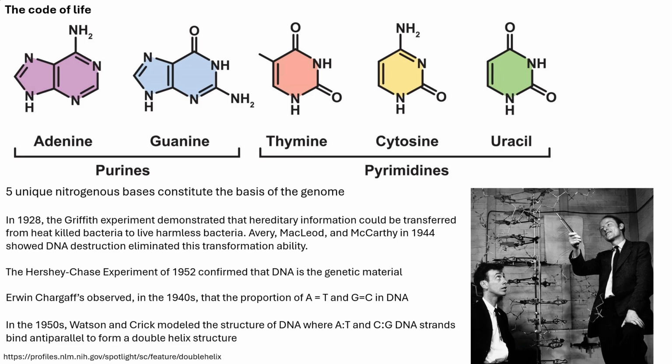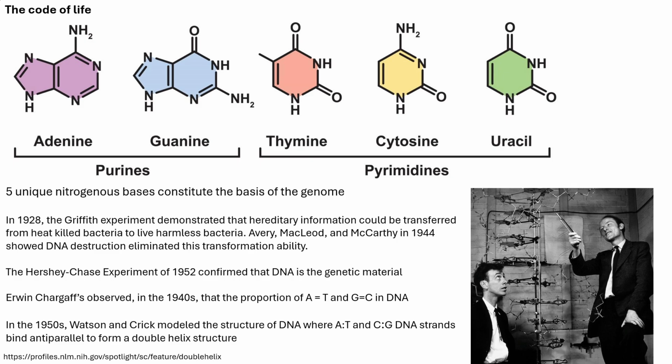And more so talking about the structure of DNA, Chargaff observed in the 1940s that DNA, whenever it's paired up, there are obviously two strands of DNA that make one full segment of DNA, but the proportion of A's and T's, or adenine and thymine, is about 1 to 1, and the same with guanine to cytosine. So, therefore, adenine must pair with thymine in a 1 to 1 ratio, and the same with guanine to cytosine.